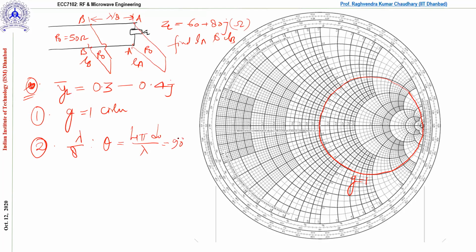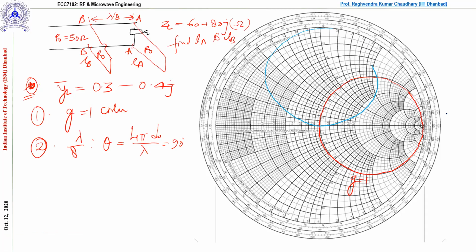So this is the location. And if you make the shift at d is equal to 1, at 90 degrees, it will be like this. I can take some different color. So you need to shift 90 degrees.